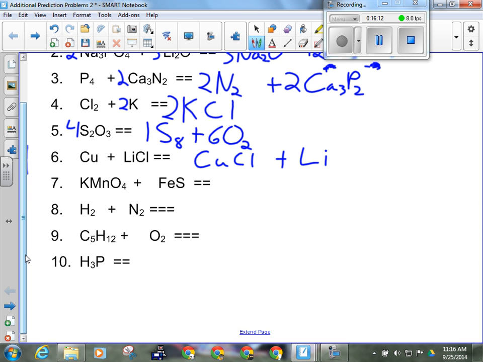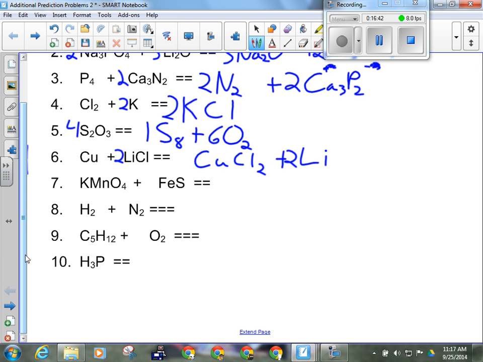Now, did they give me any way to figure out what the charge on copper was in this reaction? They did not, so what do I have to do? Use the most common one. This is the only case where you just simply default to your periodic table and go 2 is listed first. 2 is listed first, right? Yeah. All right, so CuCl2, then I got to go back and balance my lithiums and my chlorines.